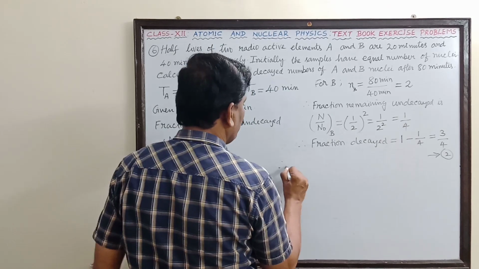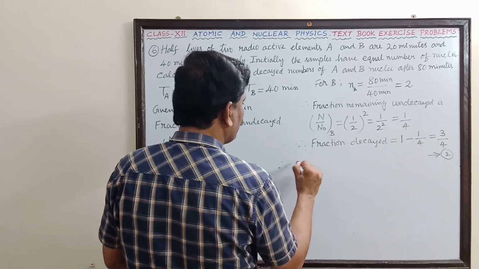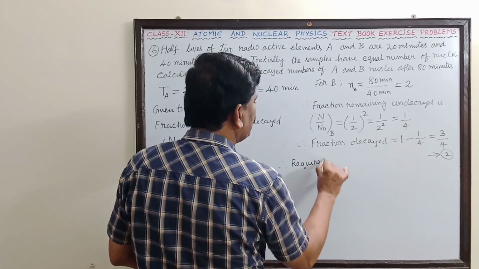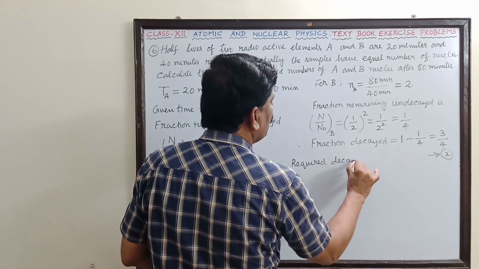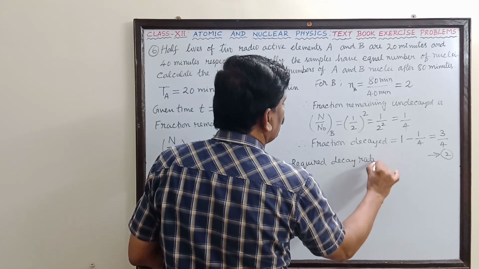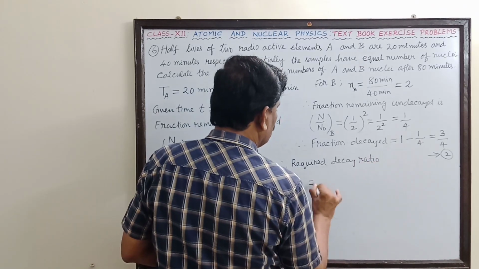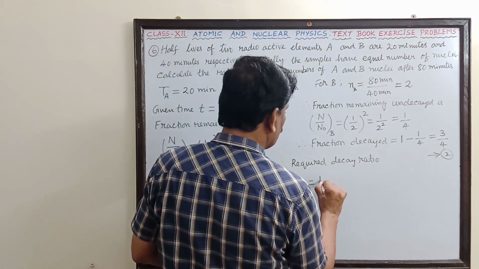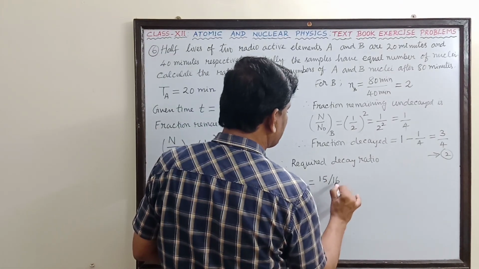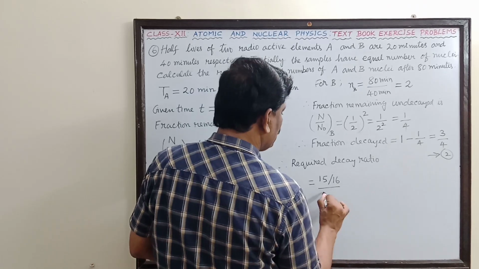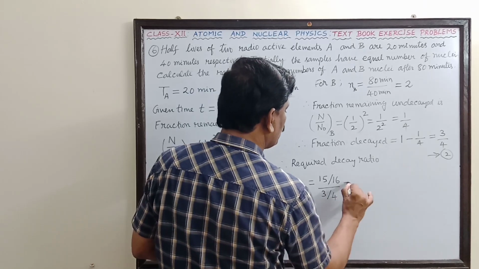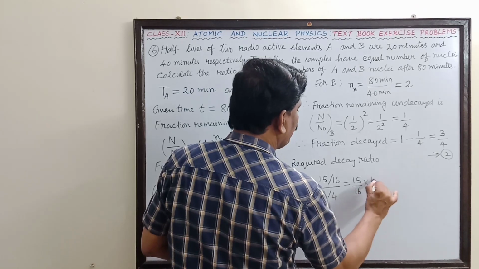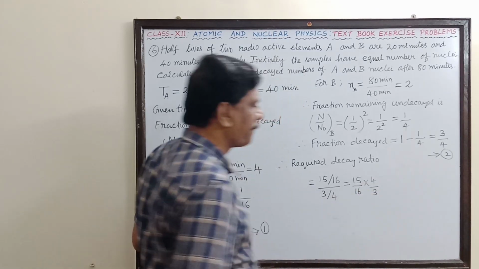Therefore, this required decay ratio is equal to 15 by 16 divided by 3 by 4. So this is equal to 15 by 16 into 4 divided by 3.